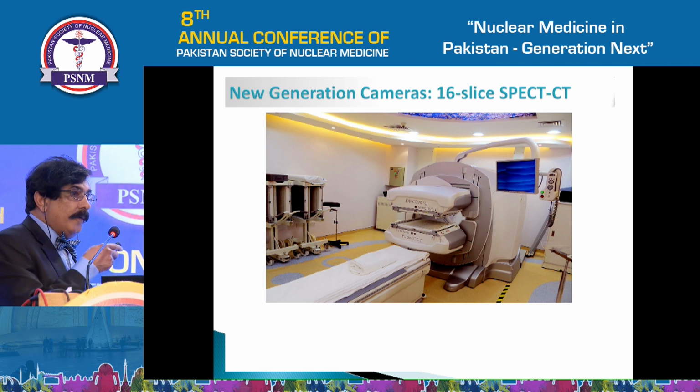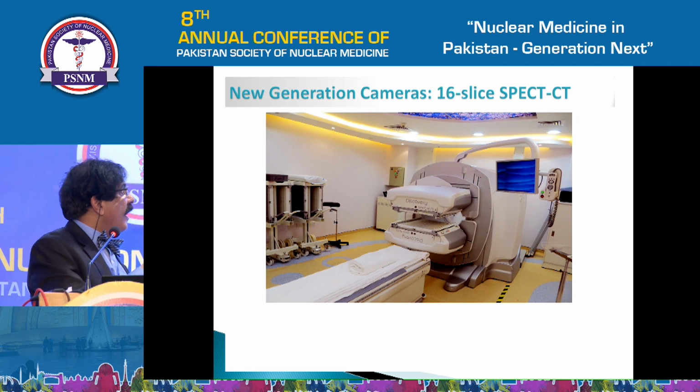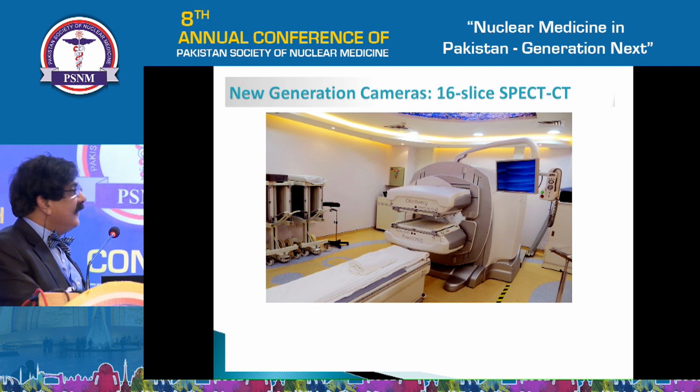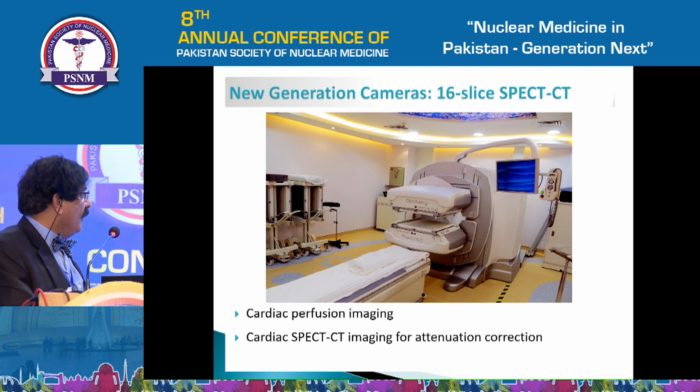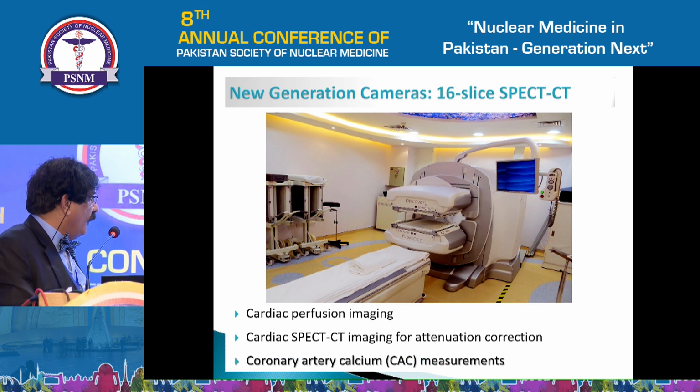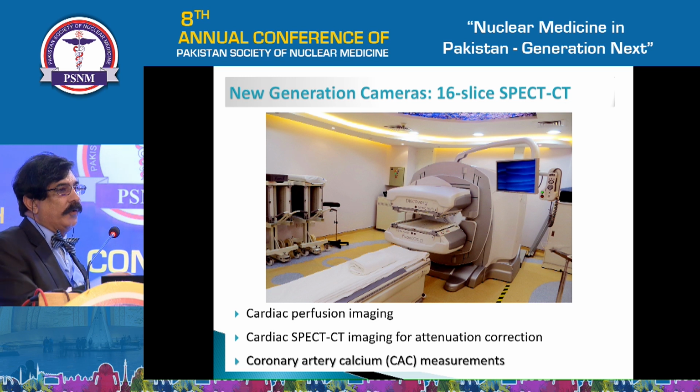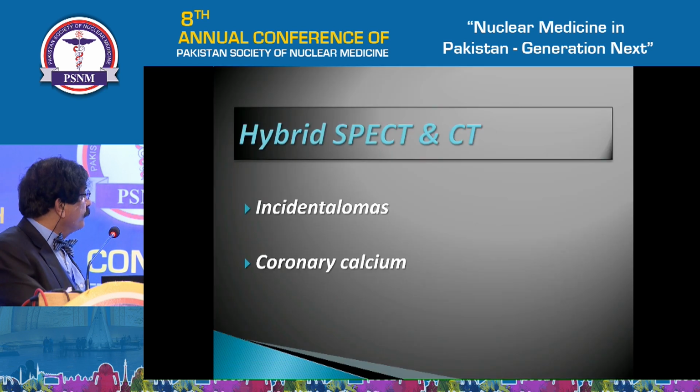And now, in recent years, we have SPECT CT cameras. They are 16 slice and even increasing, which allow us, in addition to myocardial perfusion imaging, to do CT imaging for attenuation correction, which is really very nice, as well as coronary artery calcium scoring using the SPECT CT cameras, and with PET we can of course do further.